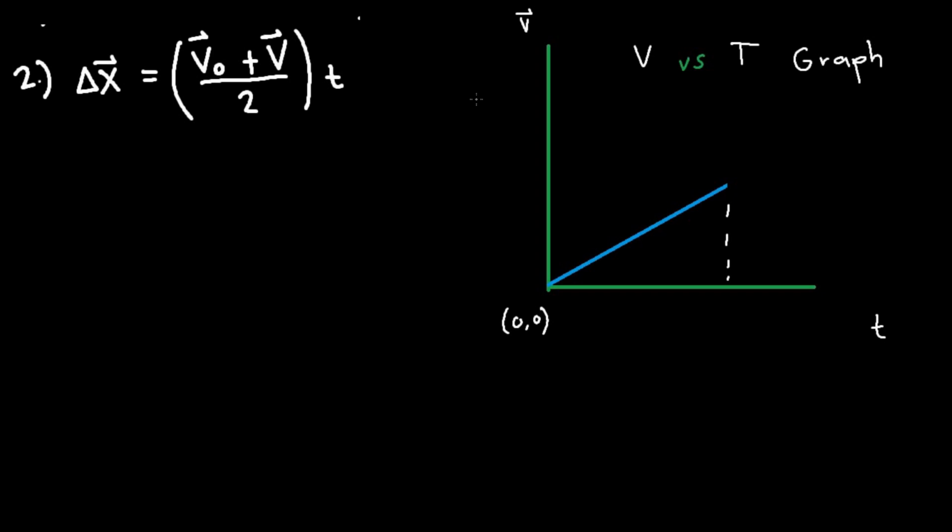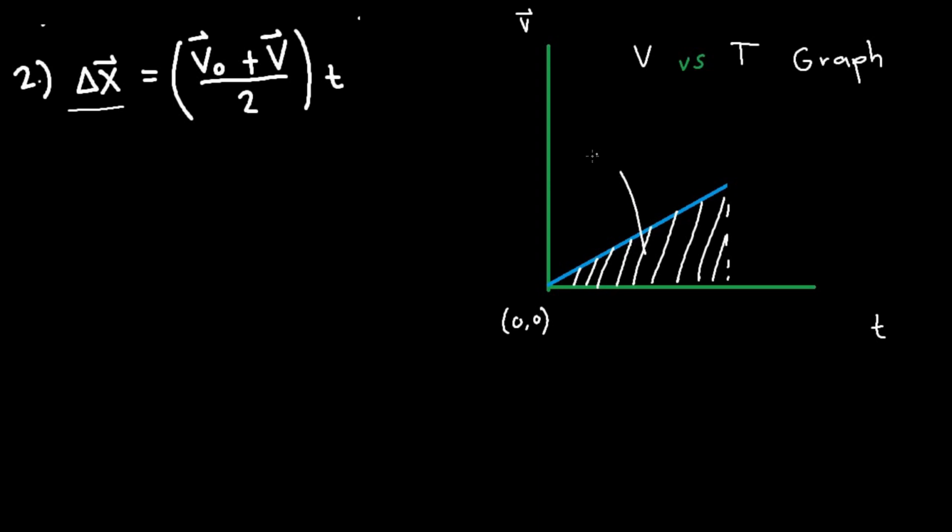So para sa next na kinematic equation, which is this is the displacement is equals to initial velocity plus final over 2 times time. So kailangan na to balikan atong velocity versus time na graph. So ang displacement is just the area sa velocity versus time na graph.